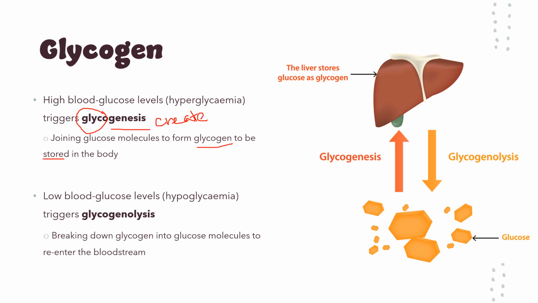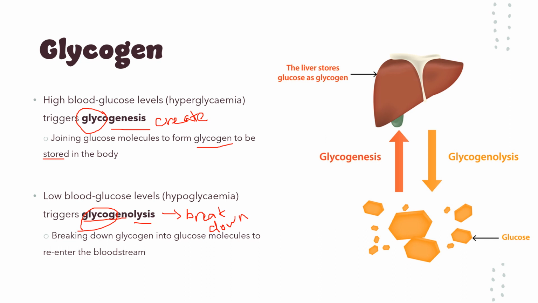If we have low blood glucose levels, so hypoglycemia, this triggers glycogenolysis. So lysis essentially means to break down. Right, so we're breaking down glycogen. So the word is right here, glycogen.